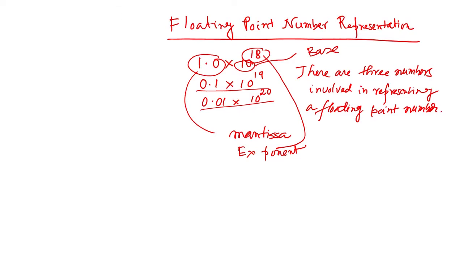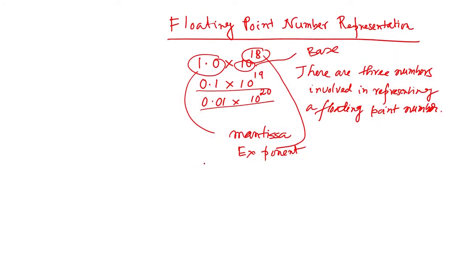Because we will be representing in a computer, the base is considered as 2. So for representing any floating point number, we represent it with two numbers, one is the mantissa and another is the exponent.